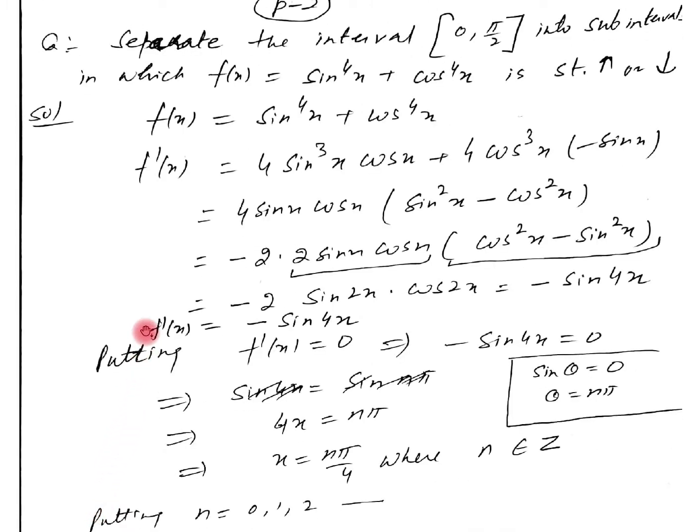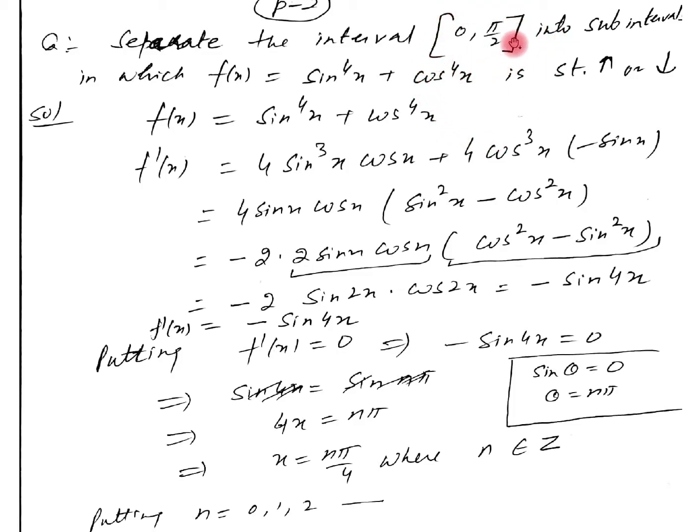Now let us see again a question of this type. Separate this interval into sub-intervals in which the given function is strictly increasing or strictly decreasing. Yesterday we did a question on a polynomial in which we had to find the intervals. Today I am taking a trigonometric function.